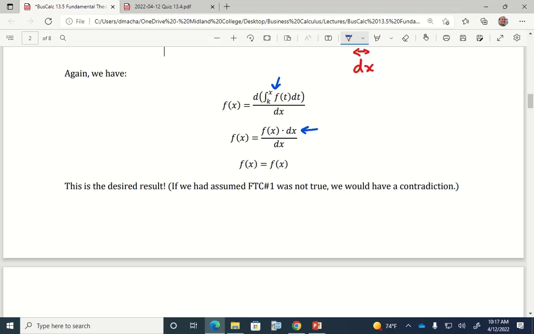And we'll just assume tacitly that every time you see dx, we're talking about the limit as dx approaches 0. But if I have dx divided by the same dx, those cancel out, and I find that my lowercase f is equal to my lowercase f. So we're talking about the same function. And this is exactly what we wanted to find.